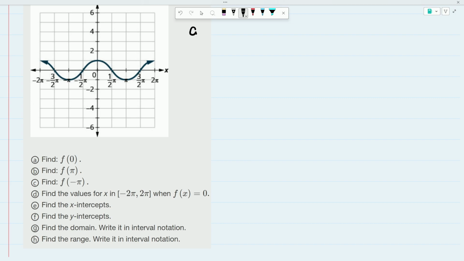So here's part A. And part A says, what is f of 0? In other words, when x equals 0, what is your output? Well, that is going to be this ordered pair right here because that's where x equals 0. And in this case, that is the ordered pair 0, 1. So f of 0 equals 1. And that's it. So that's part A. Let me erase this.